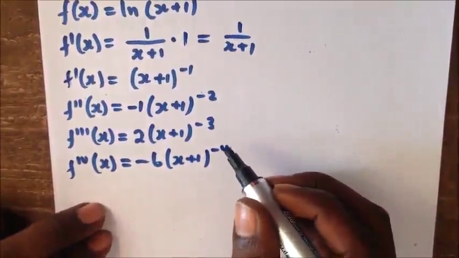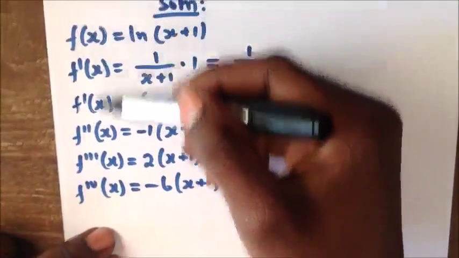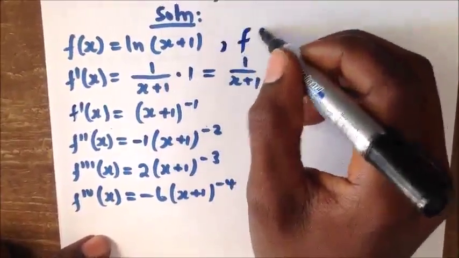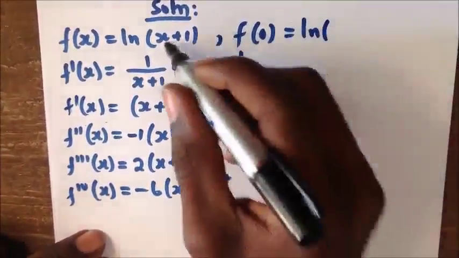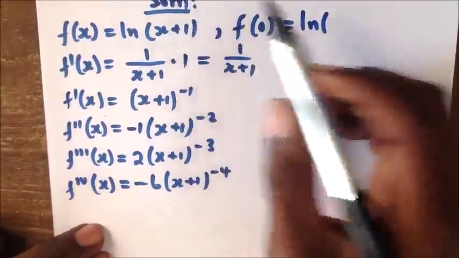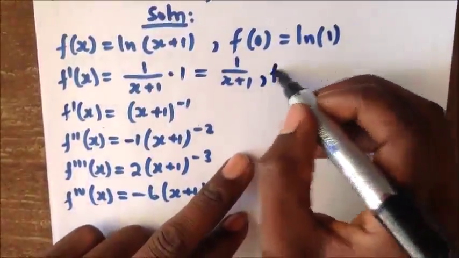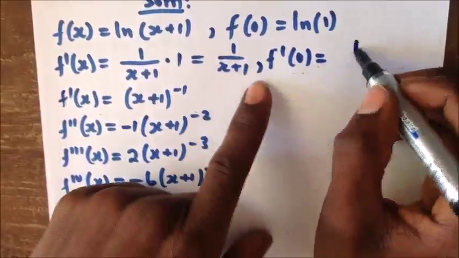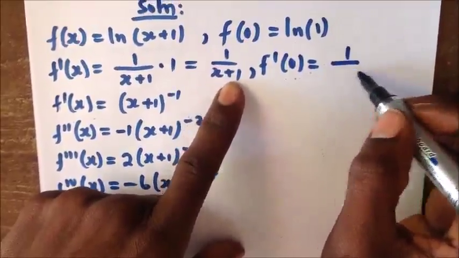Remember, from the formula we are looking for f of 0, f prime of 0, so we have to replace x with 0. Therefore, f of 0 is equal to ln(x + 1), and remember we are replacing x with 0, therefore 0 + 1, which is equal to 1. Then f prime of 0 is equal to 1 divided by, remember x is 0, so 0 + 1, 1.